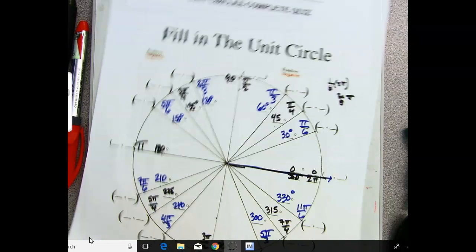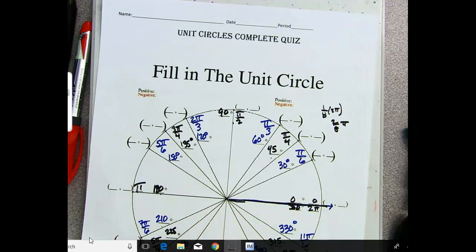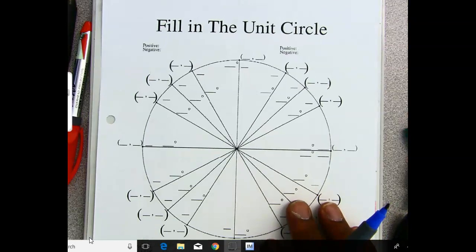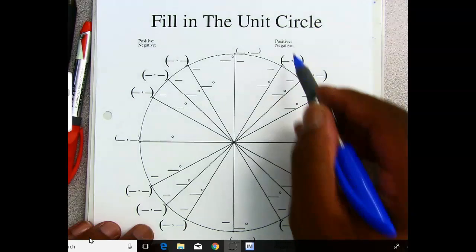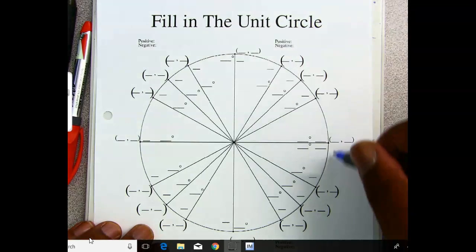Go ahead and turn your sheet over. I think you have a second side to your sheet. Okay, so how about angles in the negative direction? Positive angles are counterclockwise. Negative angles are going to be clockwise.